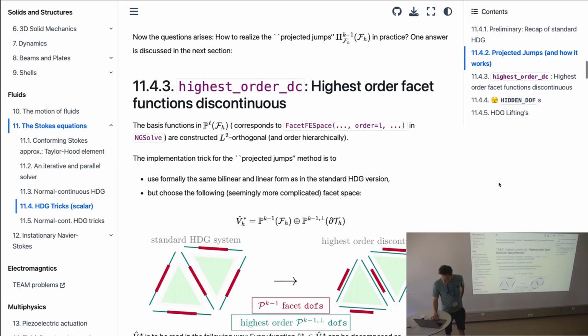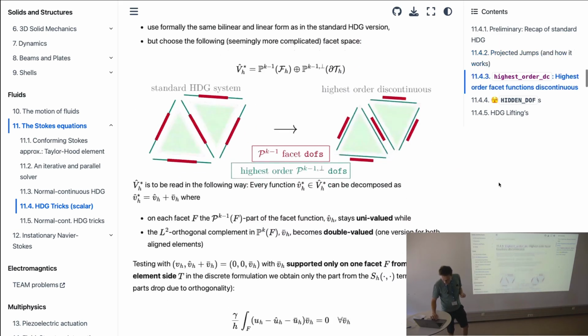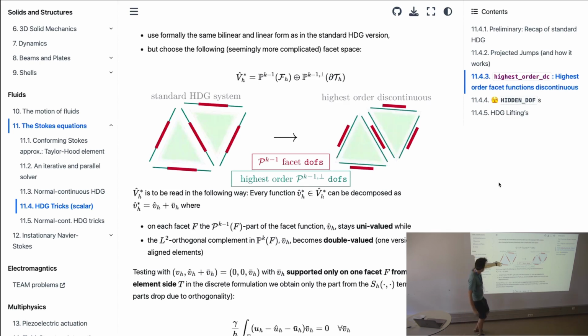In many spaces in NGSolve, you can find this kind of flag, highest order DC. DC stands for discontinuous. And here for the facet space, the following picture perhaps helps to speed this up a bit. We have unknowns on the facet of order k.